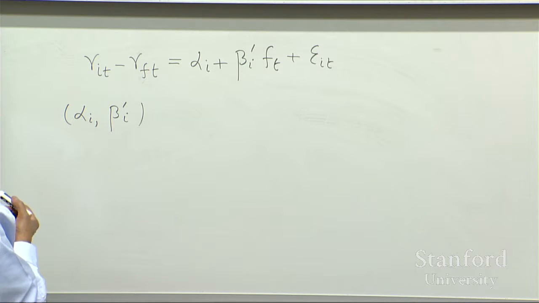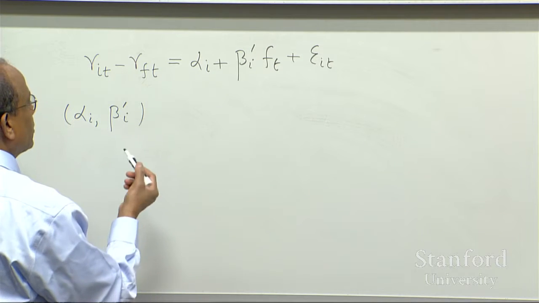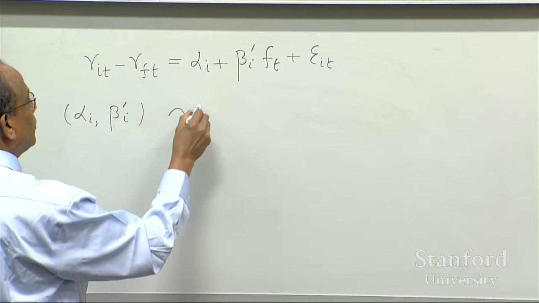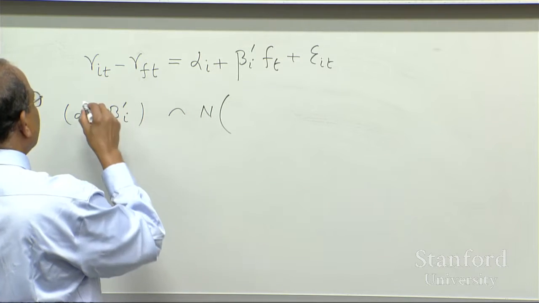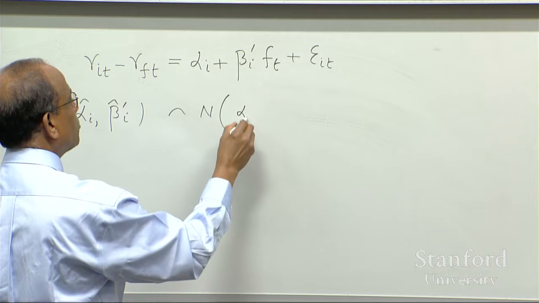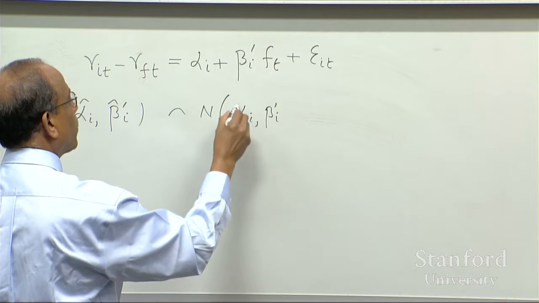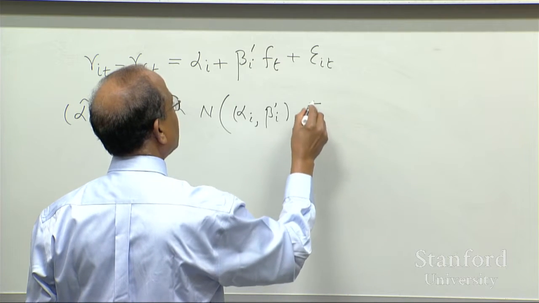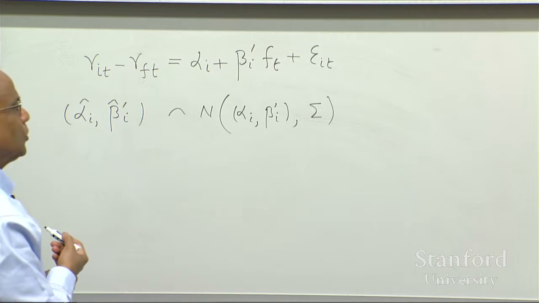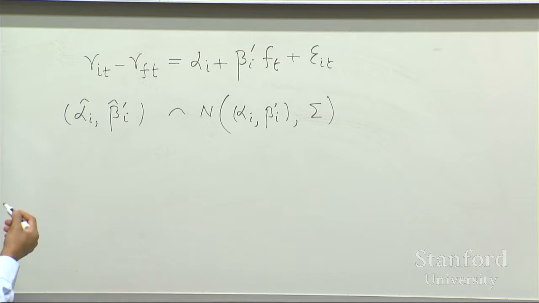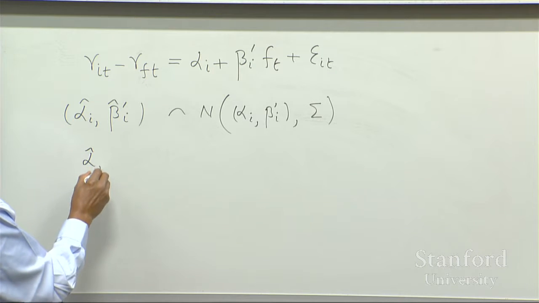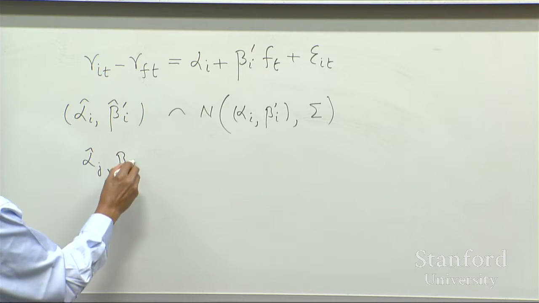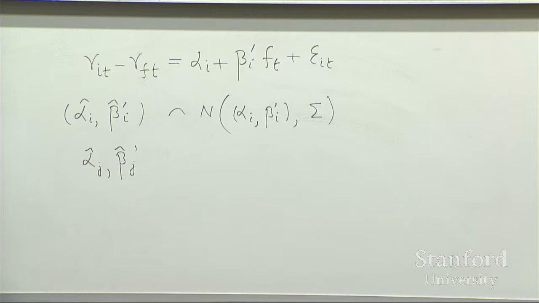We know the distribution of these quantities; they are supposed to follow a normal distribution with the estimates, alpha hat_i, beta hat_i prime, and some covariance matrix of this estimate, sigma. So you can form distances based on this. If you have another stock with alpha hat_j and beta hat_j prime, compute the distance between the two and select stocks that are closer to each other, and then those stocks can be used as pairs.